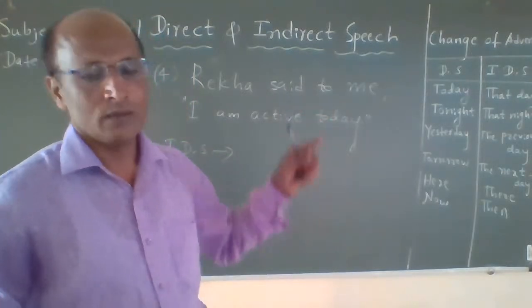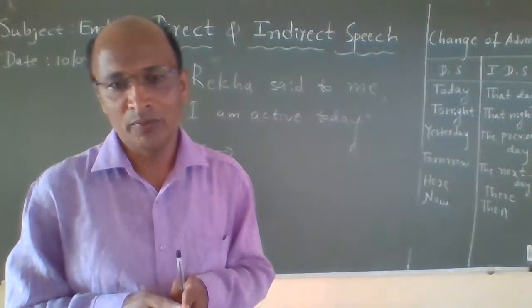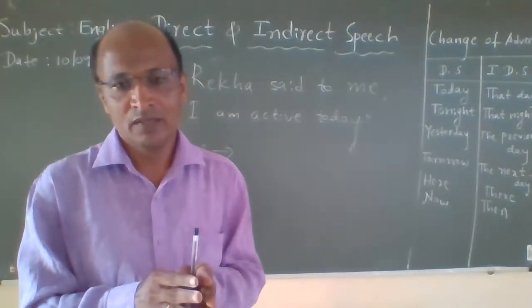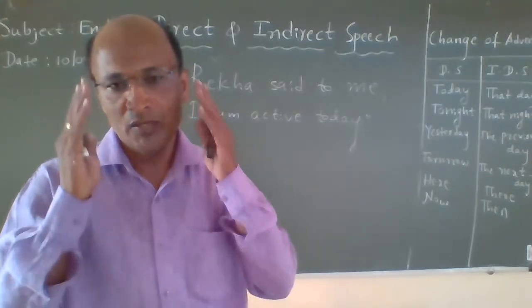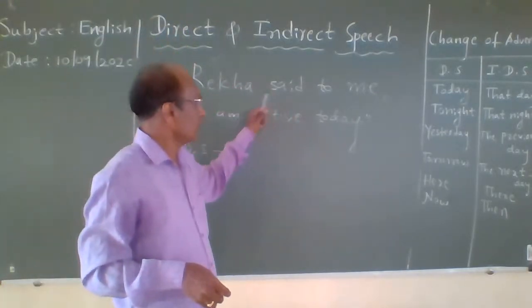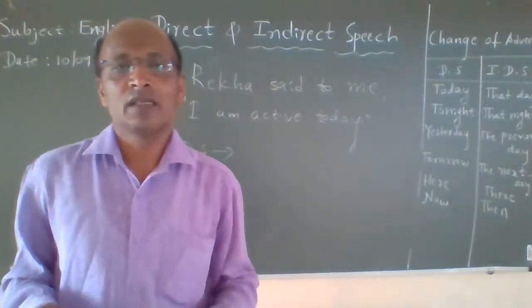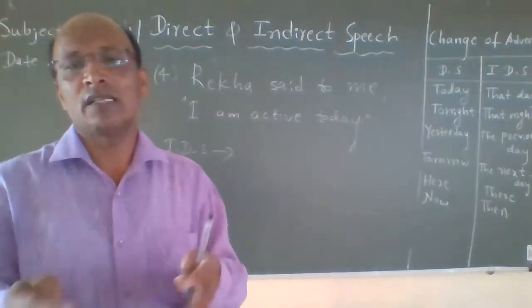While discussing the change of words, I told you that in direct speech there is today; when it comes to indirect speech, today changes to that day. Hopefully we have got this idea. Rekha told me that she was active that day.